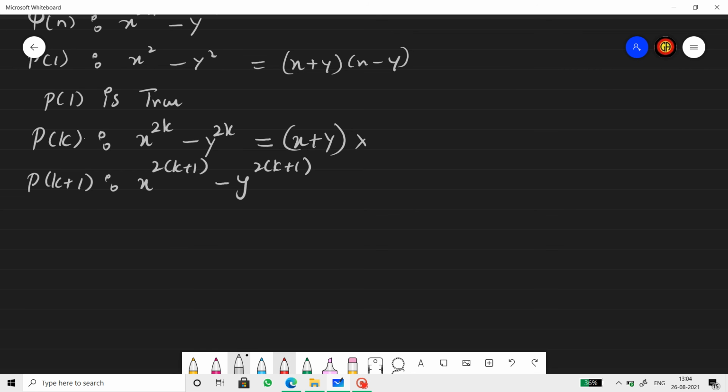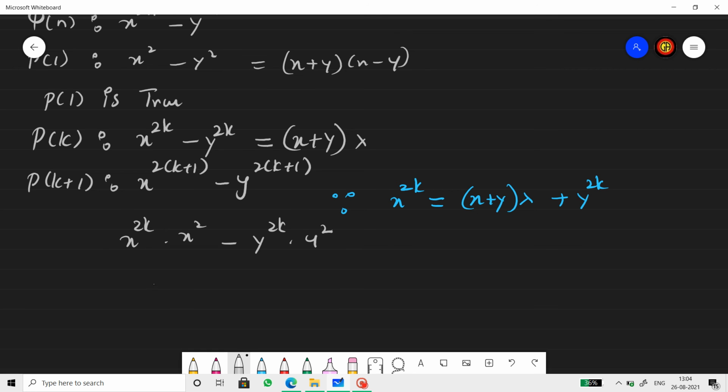Chalo. Now, again, the same step. I'm going to take the k statement. Okay? And I'm going to write that as x power 2k can be written as x plus y into lambda plus y power 2k. And this particular term will be substituted here, in the place of x power 2k. So I'm going to write this as x power 2k into x square minus y power 2k into y square.